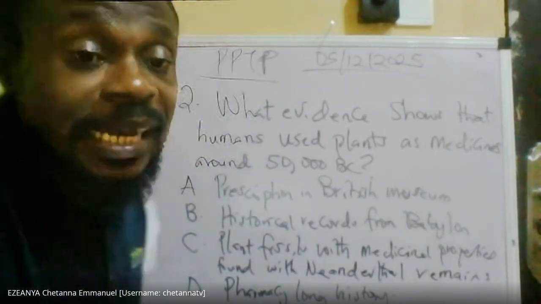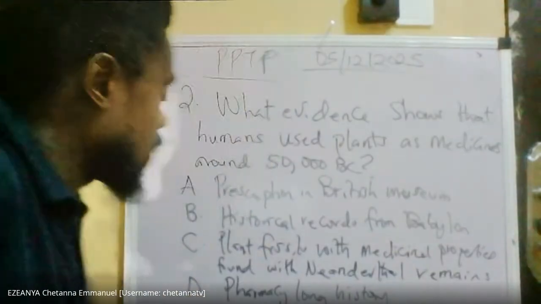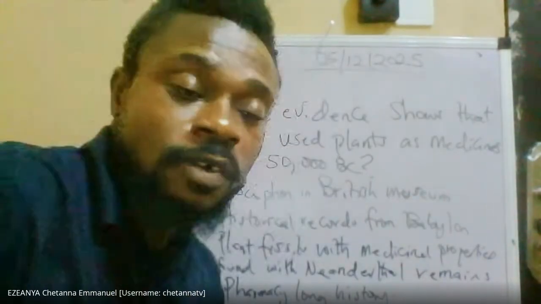The answer is actually C. Plant fossils with medicinal properties found with Neanderthal remains. Why is it the answer? Let's see.